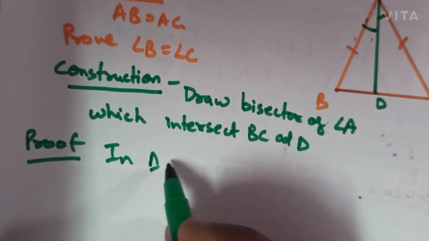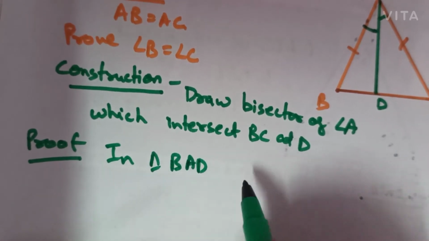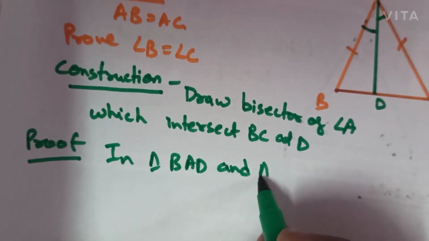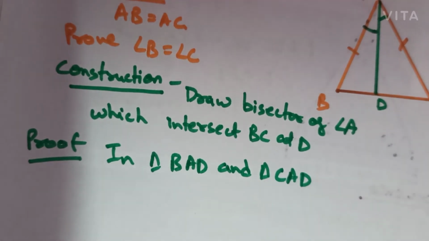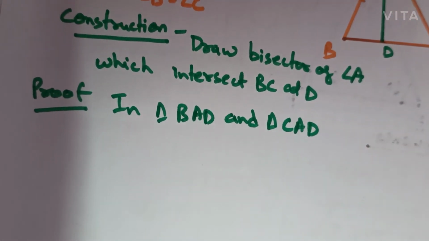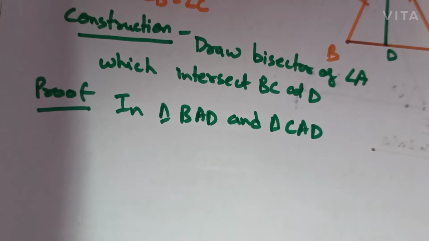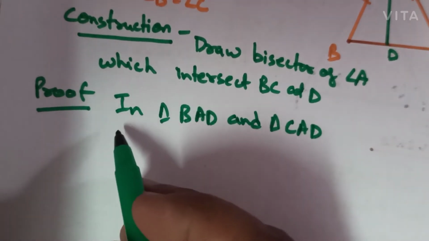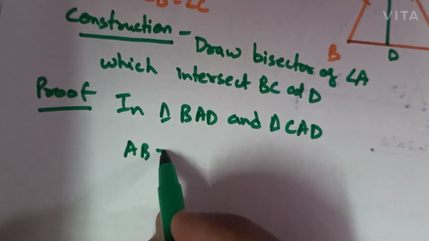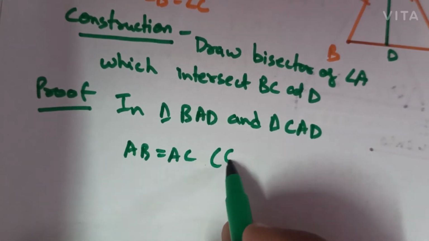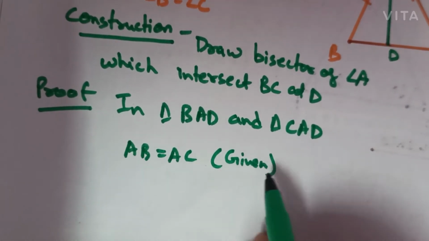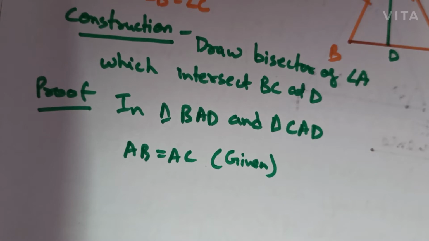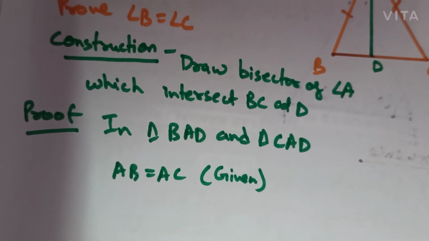In triangle BAD and triangle CAD, we are taking two triangles as triangle BAD and triangle CAD. Now, AB is given equal to AC. It is already given to us that sides AB and AC of isosceles triangle ABC are equal. So AB equals AC.